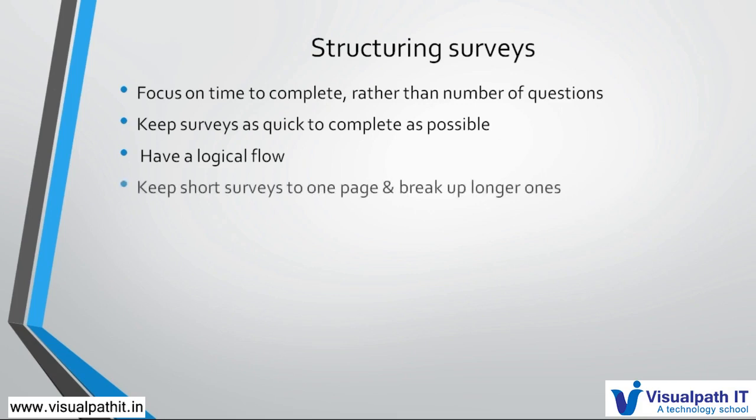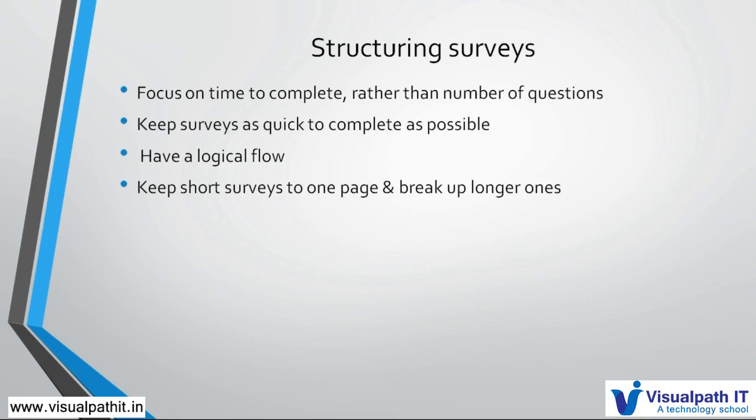Next, keep short surveys to one page and break up longer ones. If a survey is quite short, for example 5 questions or less, try to keep it on one page. Longer surveys should be broken up into multiple pages so that participants can tackle the survey a section at a time.